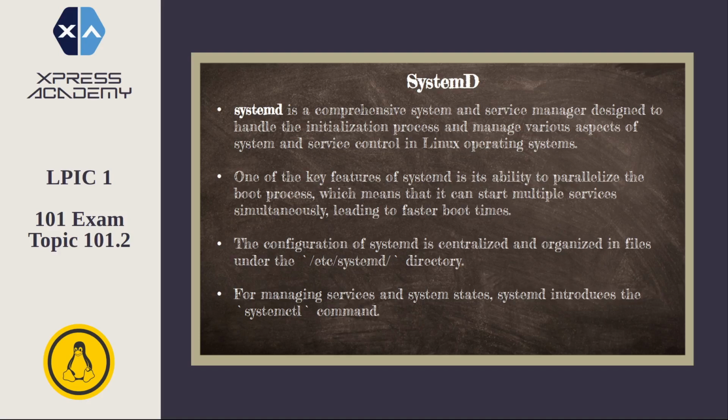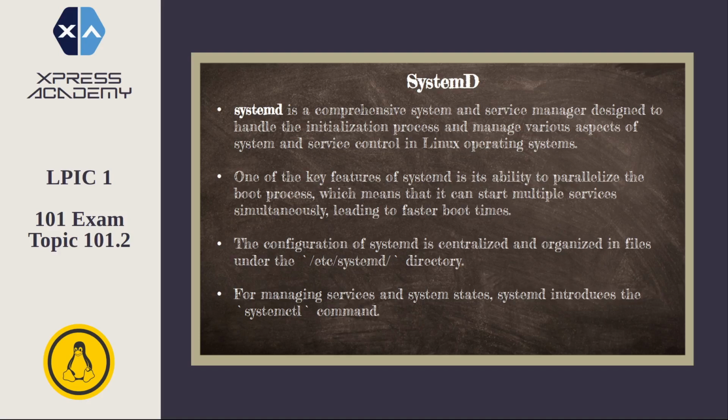Systemd also excels in dependency tracking, automatically determining the order in which services should start based on their dependencies. This streamlined approach enhances system efficiency. The configuration of systemd is centralized and organized in files under the /etc/systemd directory. These files include configurations of services, targets or run levels, and other system settings.